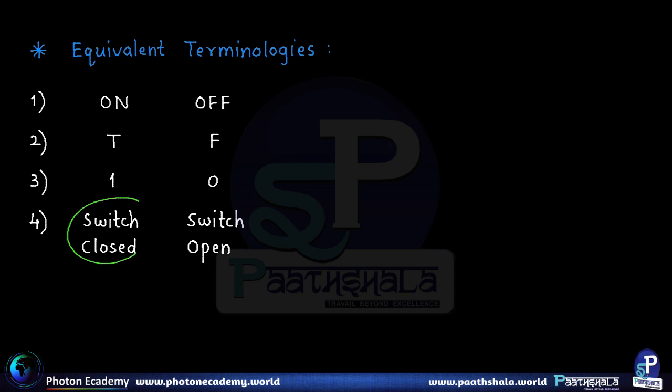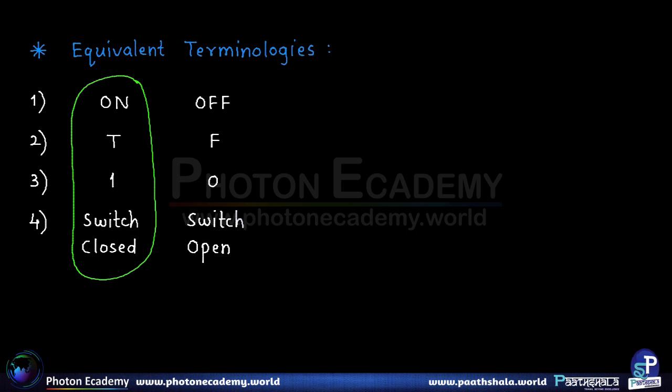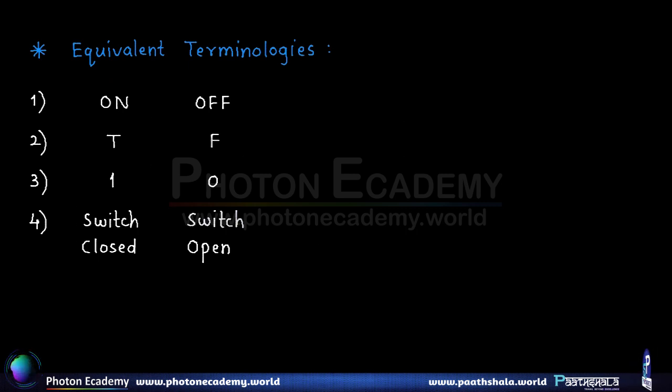Or physically, that means the switch is closed or the switch is open respectively. So that means all the first values are equivalent to each other. On means true, that is same as binary value 1, and that is same as physically the switch is closed. And off means false, that is binary value 0, that means the switch is open.